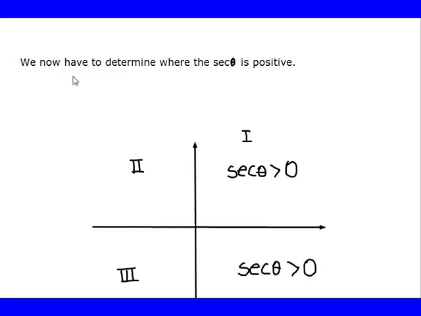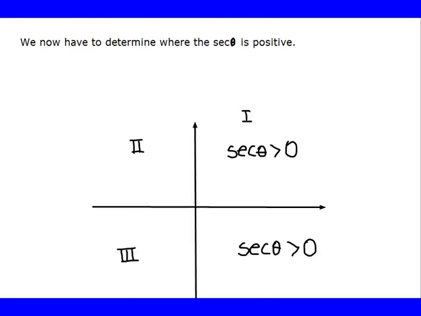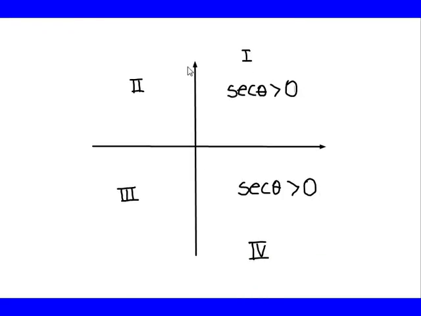But now we have to determine where the secant of angle theta is positive. So remember, the secant is written as r over x. Looking at this Cartesian graph, broken down into quadrants, we know that the secant is positive in the first and positive in the fourth.